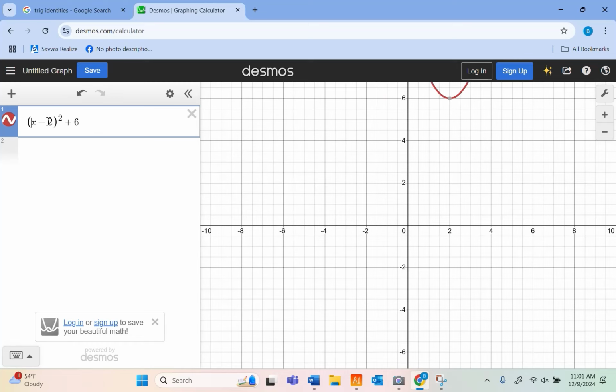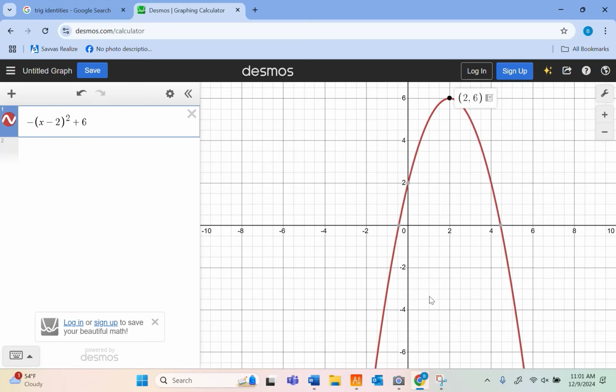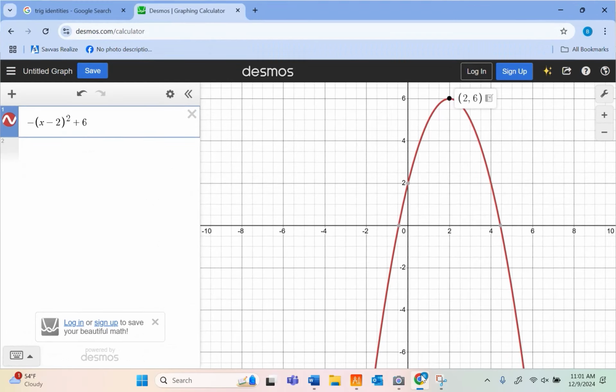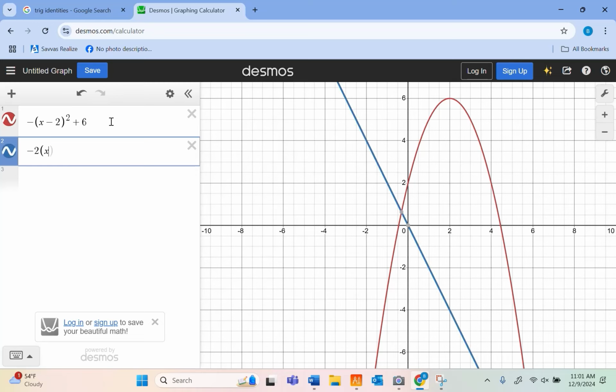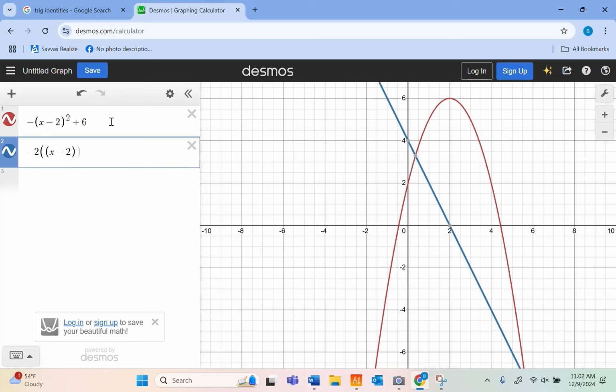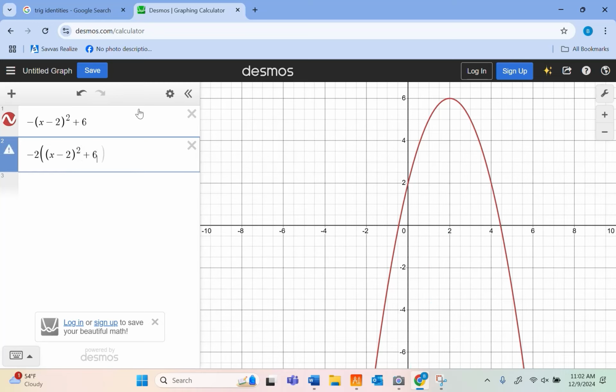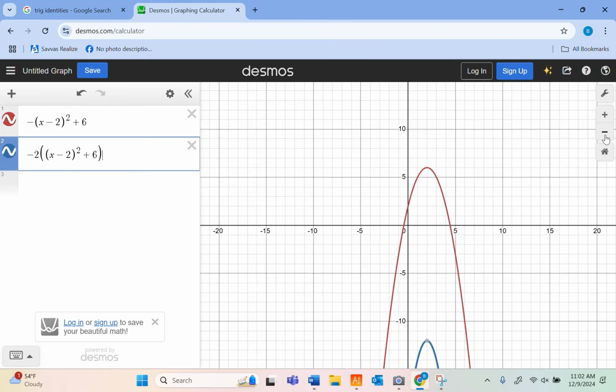And it's also negative because it opens down. So there's the original guy, 2, 6. Now, what I'm saying you do is you multiply the whole thing by a -2. And it's the whole thing. It's not just part of it. And let me zoom out, and you'll see where she's at. She's way down there.